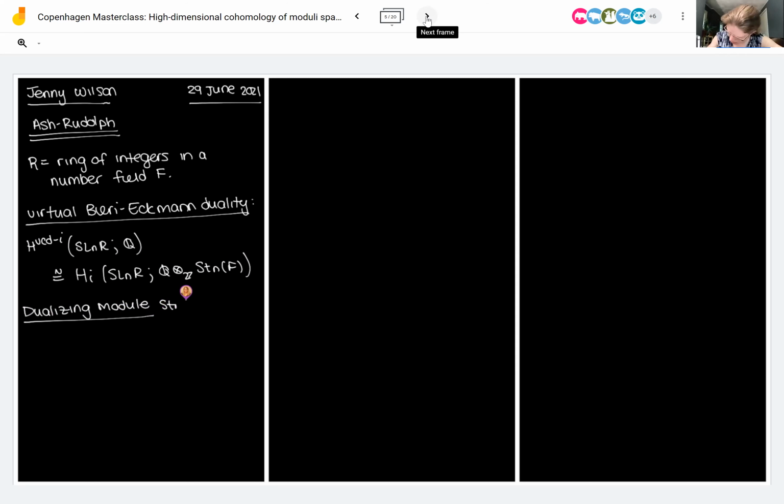It is defined to be the top homology of the Tits building associated to the field F. So here, the Tits building is the geometric realization of the poset of proper non-zero subspaces of F^n under inclusion.